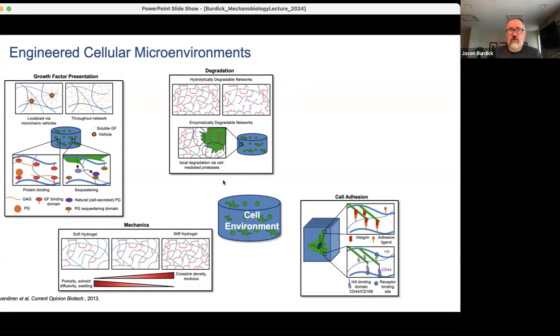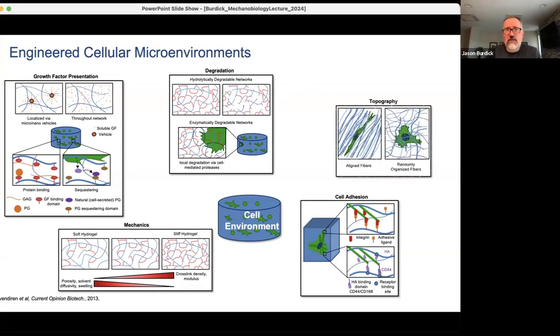So either a passive or a cell-mediated degradation. And then lastly, topography. So again, I'll keep saying a lot of these different terms, topography being, again, the structure of the material at a scale that the cell can actually sense that structure. And so alignments to get anisotropy to cells can be really important through topography.